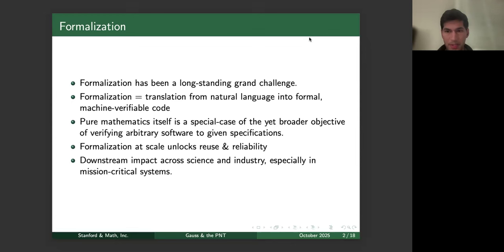And I guess it should be mentioned that formalization, when done at scale, can be used over and over again. So you have reuse and this kind of trustless reliability of various modular pieces fitting together. And this mode of interaction opens up impact across other areas, across science and industry, especially in these mission critical systems where maybe you need to certify that something works.